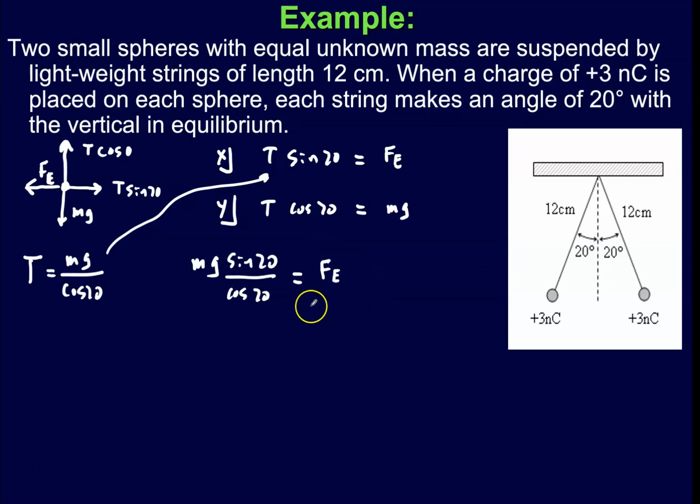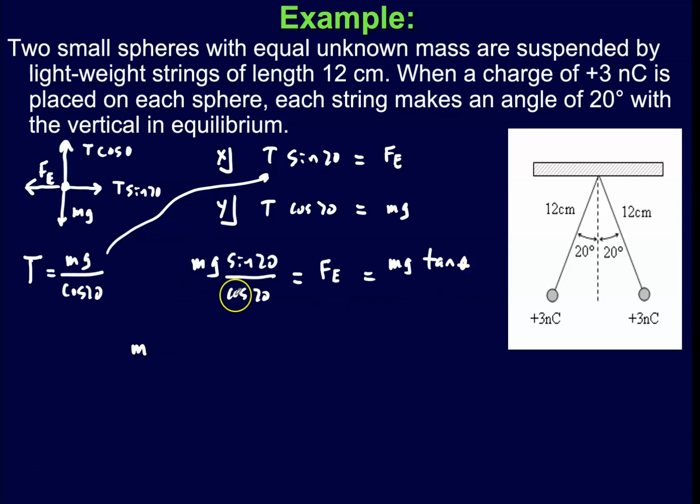Now we're trying here to solve for m. So first of all, these two together, sine over cosine, is tangent. So I can rewrite that left side as mg times tangent of 20, or theta, whatever you want to call it.